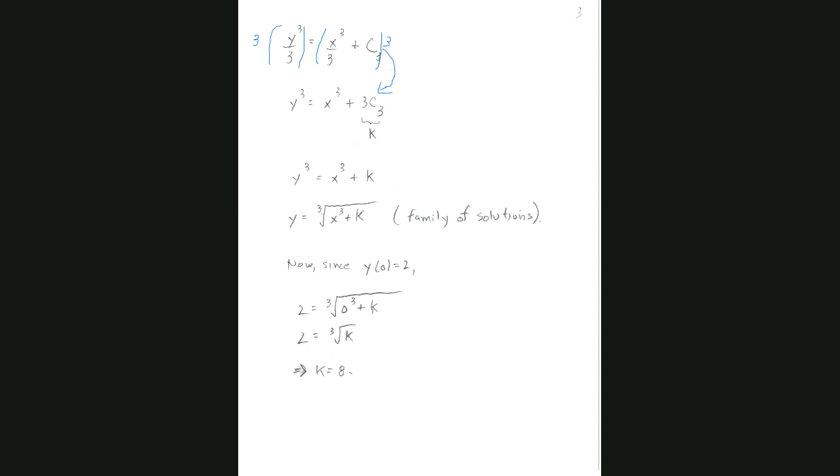In other words, if you were to write y cubed equals x cubed plus c3 and didn't change that constant, that would be wrong. Because you don't have c3 anymore. You have 3 times c3. And that's a new constant.